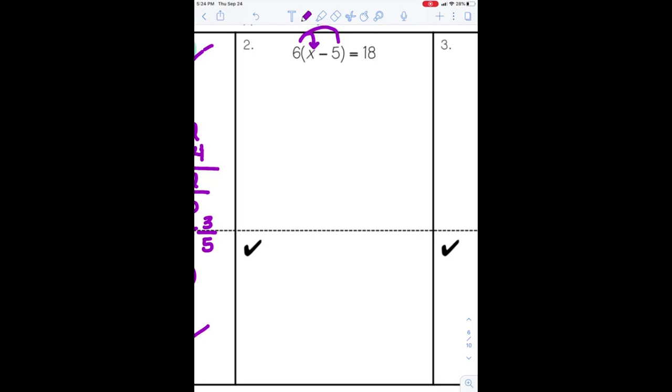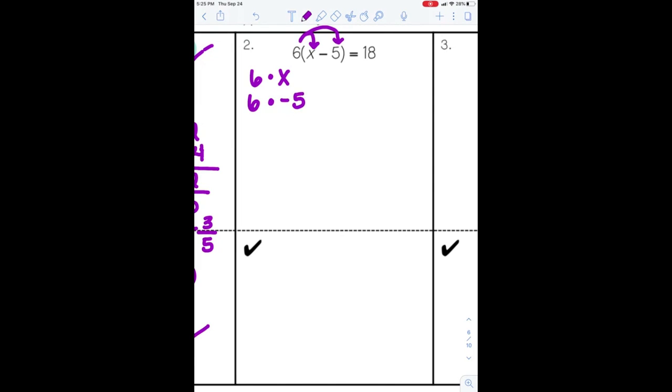So here I'm going to distribute a 6 to everything inside my parentheses, just like normal. I'm going to do 6 times x, and then I'm going to do 6 times negative 5.